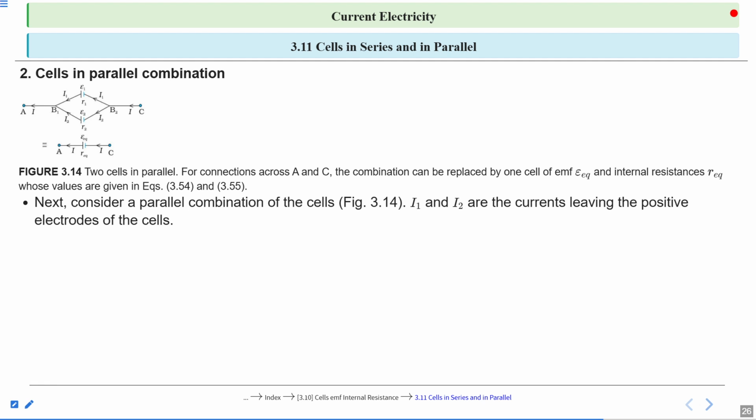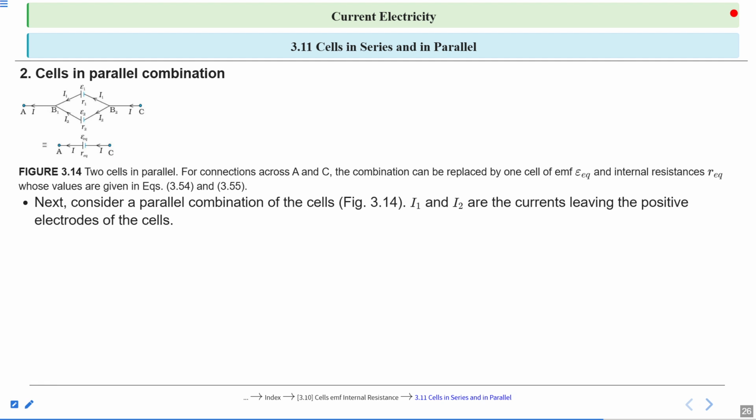For connection across A and C, the combination can be replaced by one cell of EMF E equivalent and internal resistance R equivalent, whose values are given in equations 3.54 and 3.55. Okay, we are going to derive equations 3.54 and 3.55. So two cells are in parallel in the diagram.